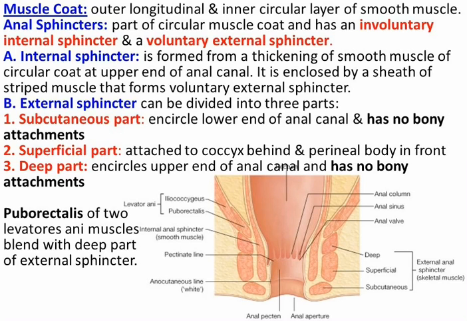The external sphincter can be divided into 3 parts. 1. Subcutaneous part, encircles the lower end of the anal canal and has no bony attachments. 2. Superficial part, attached to the coccyx behind and perineal body in front. 3. Deep part, encircles the upper end of the anal canal and has no bony attachments. The puborectalis of the two levator muscles blends with the deep part of the external sphincter.